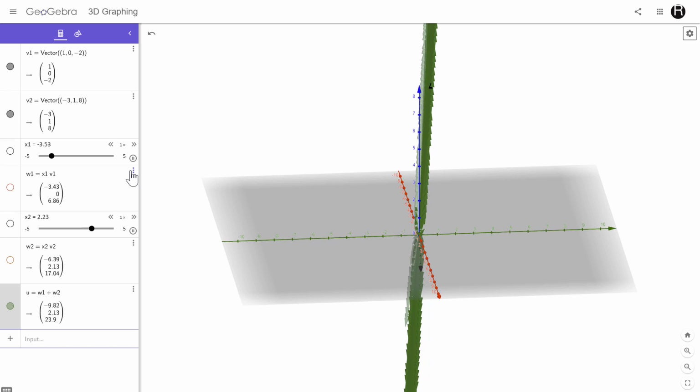Let's change the speed of one of them. I'm going to change the speed of x1, so we might be able to see more of a trace.